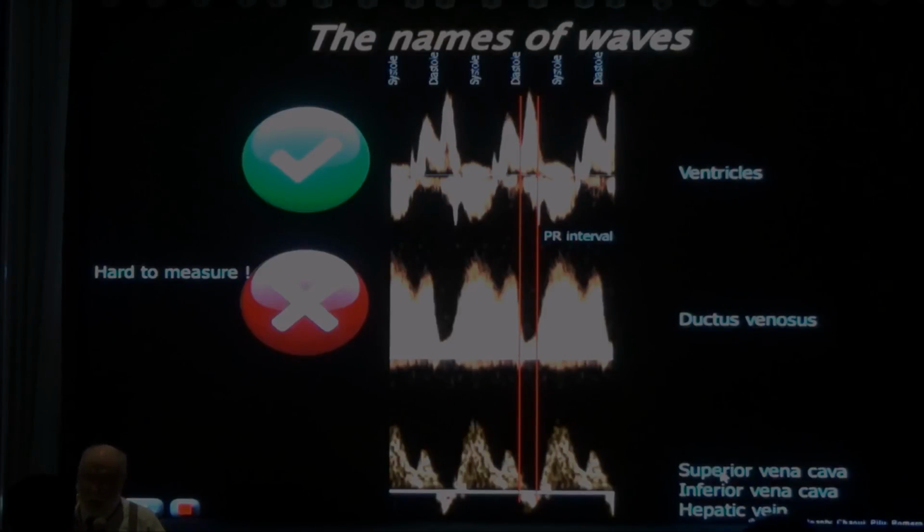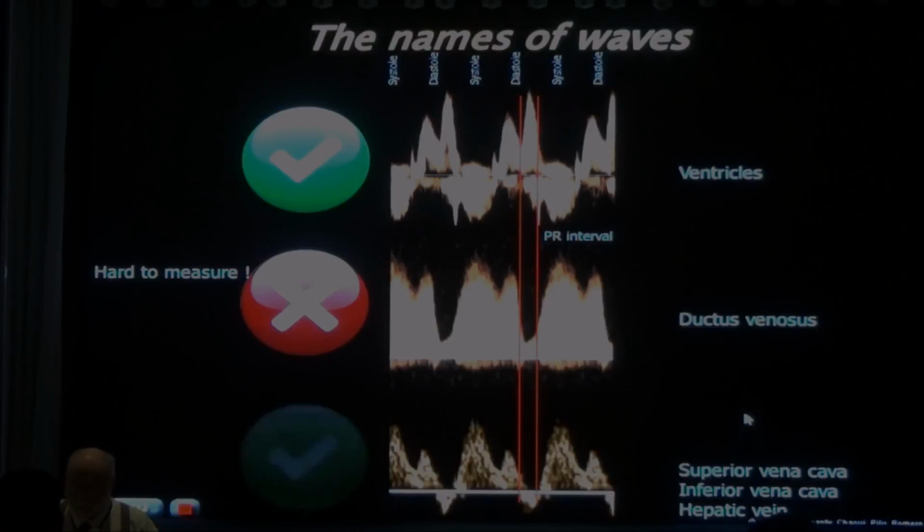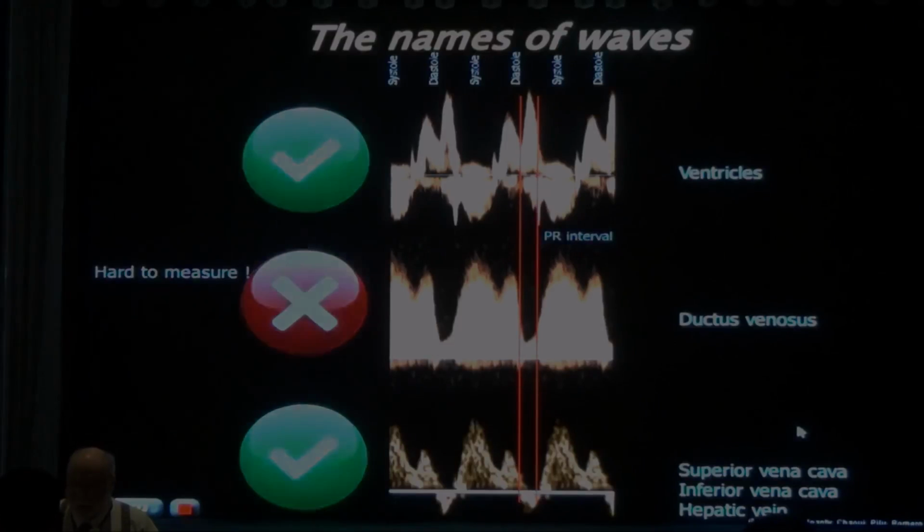Well, during E, I'm going to drop into the atrium, into the ventricle, but during A, I'm going to be pushed back into the brain. So E and A are in opposite direction when you look at the cava, while they're in the same direction in the ventricle. So this is very useful because sometimes, if you have a too fast heart rate, for instance, E and A will be merging in the ventricle, and you have a way to distinguish them over here. So this is useful to have.